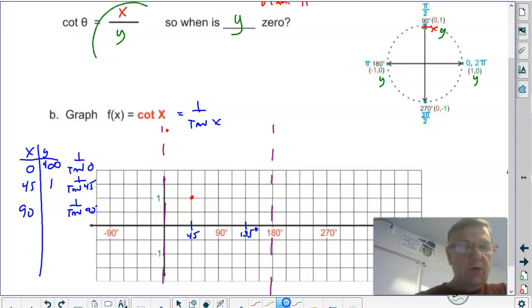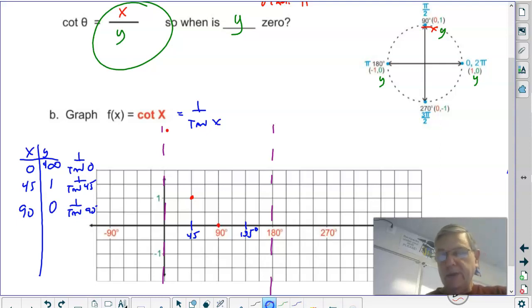So remember, the cotangent is x divided by y, so we get 0 divided by 1. What's 0 divided by 1? 0. All right, so this is what happens when you're dealing with some aspects of the trig function. So we had to go a different way to come up with the cotangent of 90 degrees.